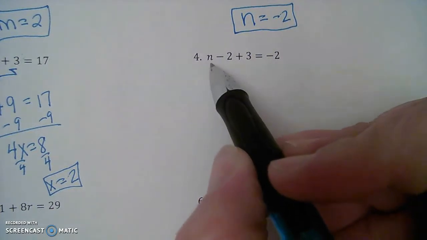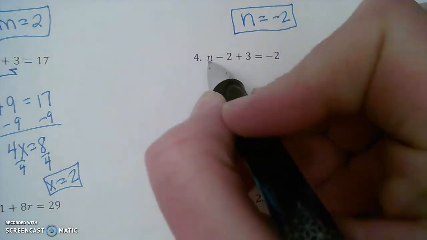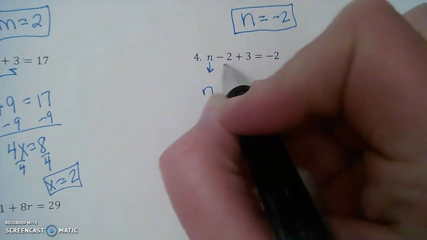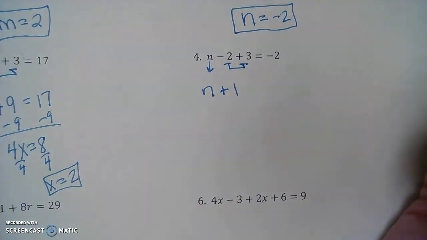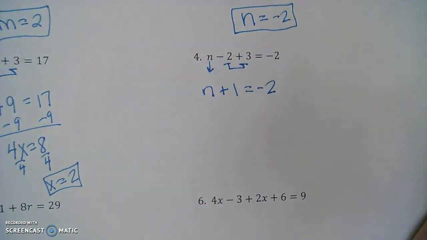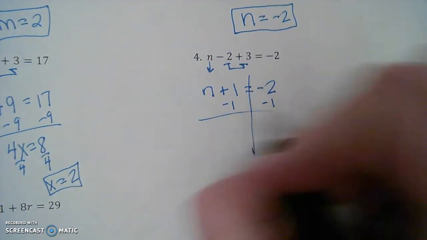Number 4, we have n minus 2 plus 3. So again, the n doesn't have anything with it, so bring it straight down. Negative 2 plus 3 is 1. Negative 2 plus 3 would be positive 1. So n plus 1 is equal to negative 2. Then all we have to do after that is subtract 1 from both sides.